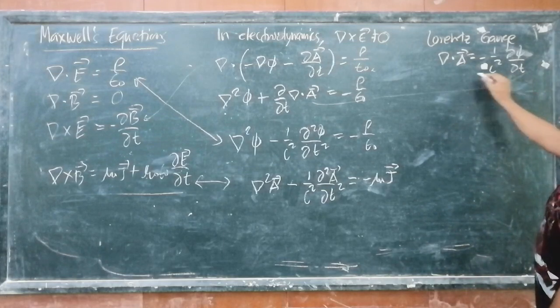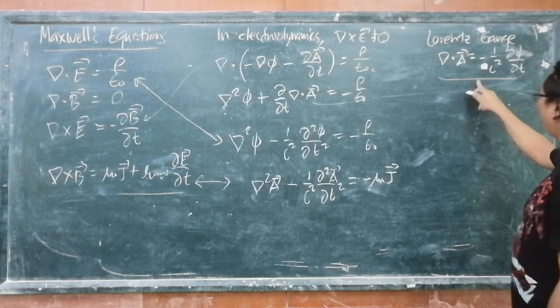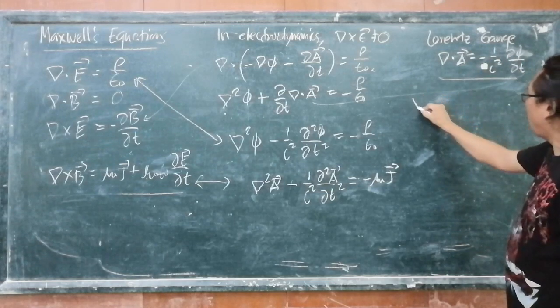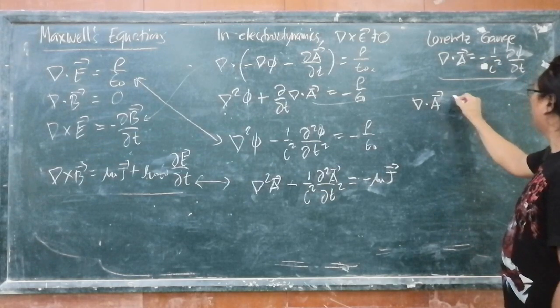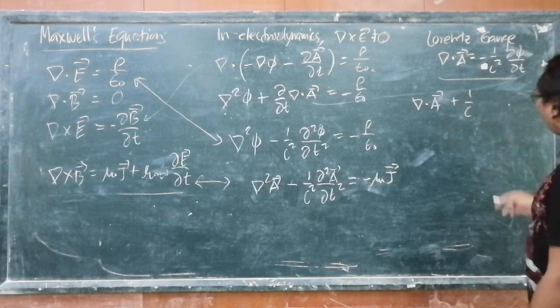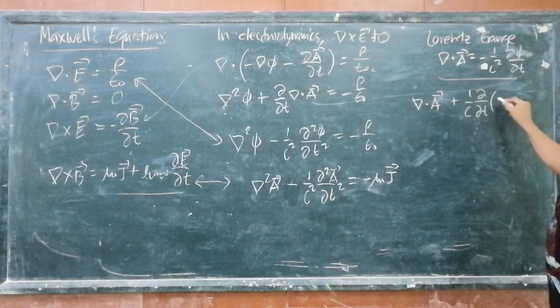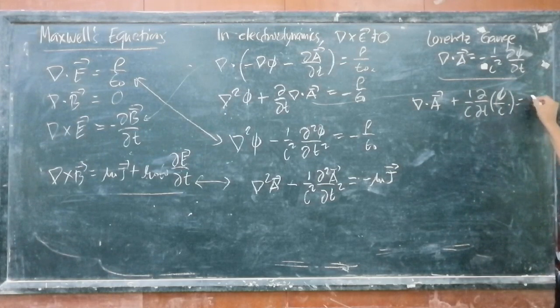Let's look at the Lorentz gauge. If we examine this one, you have del dot A plus 1 over c, partial over partial t of phi over c, equals 0.